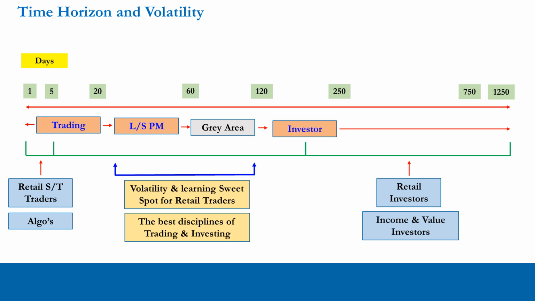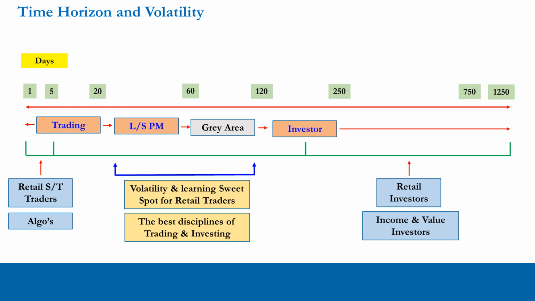When volatility goes up, we move from being portfolio managers and we slide down the time horizon and we become more short-term traders. When volatility declines, we slide up the time horizon and we become more portfolio managers and we trade and we build long-short portfolios.